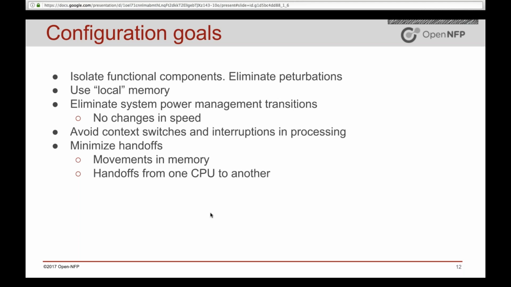And then there are other sources of variation, such as system power management settings, where typically systems will try to conserve power, but that works against any kind of maximum performance testing that you want to perform. And then configuring the system to avoid extraneous interrupts.